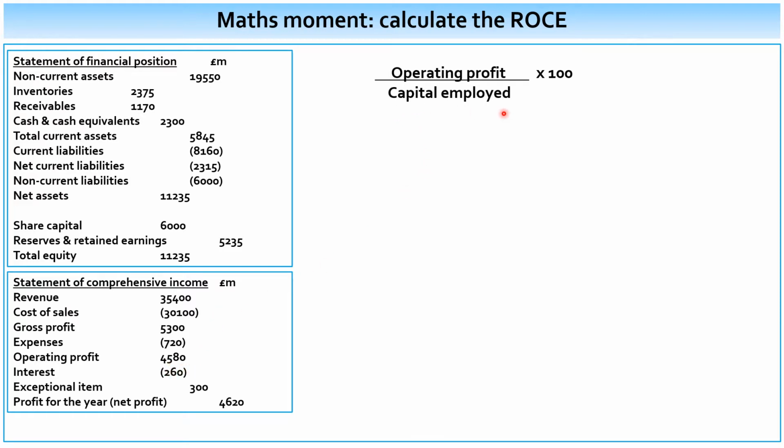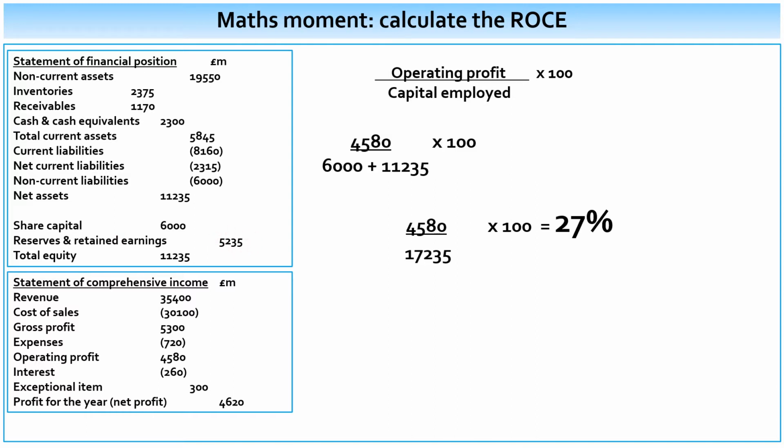Now our capital employed is the non-current liabilities, so 6,000, and our total equity, and the total equity here is 11,235 million, so 11.2 billion, and that's the 6,000 of share capital and the 5,235 of retained profit. So this would be our calculation, remembering here that the non-current liabilities are not a negative number for this purpose. It's money that has been used within the business.